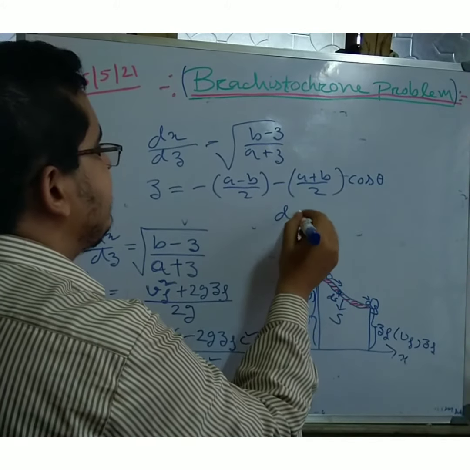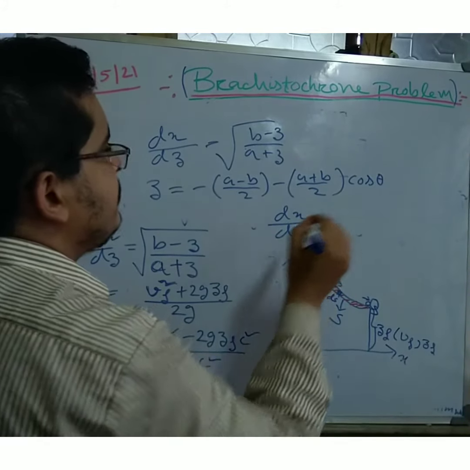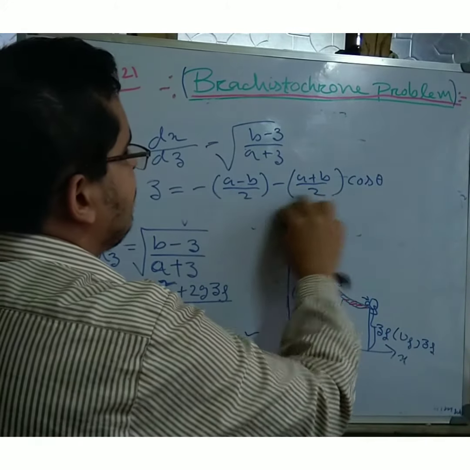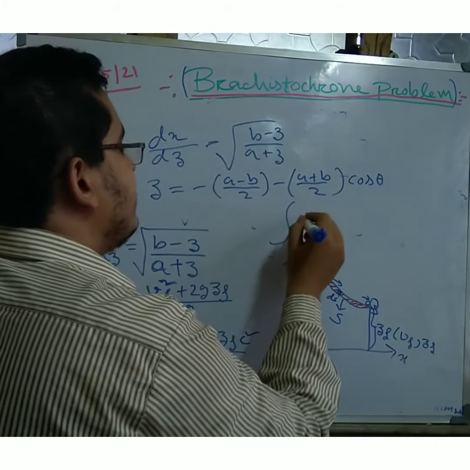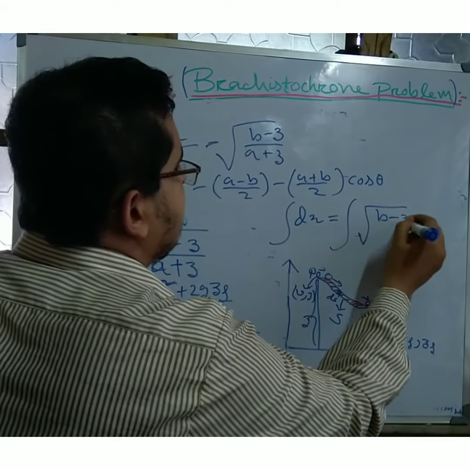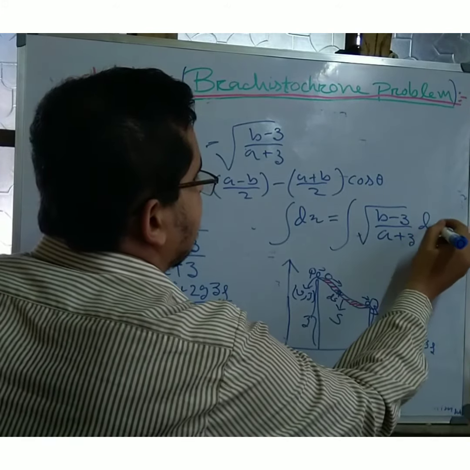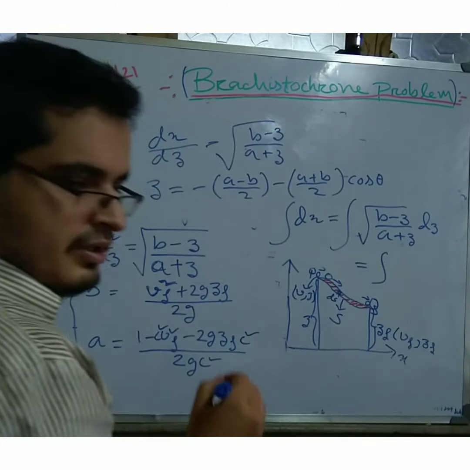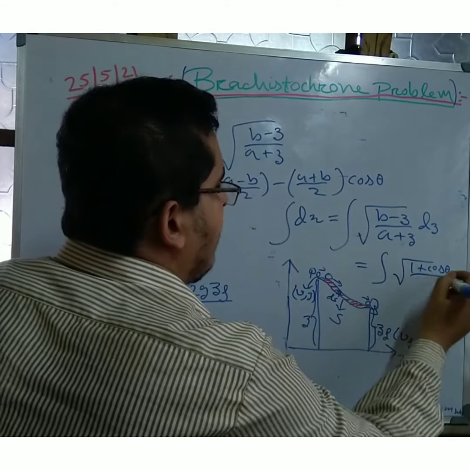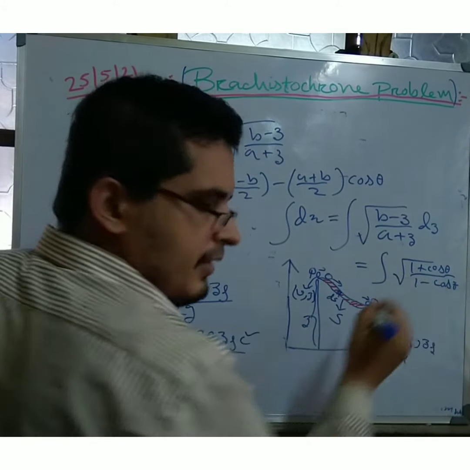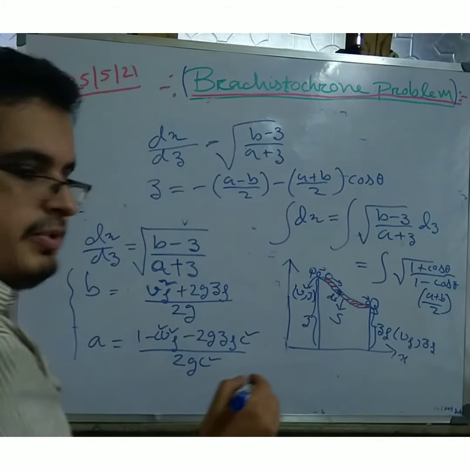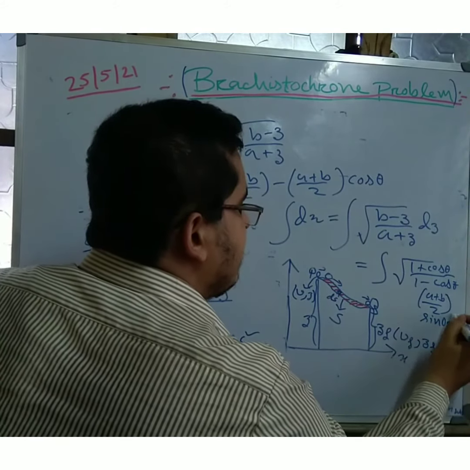Whatever I get, dx by dj, I write in this way: integration of dx is equal to root over b minus j into a plus j into dj, equals to integration of root over 1 plus cos theta into 1 minus cos theta into a plus b divided by 2 sin theta into d theta.